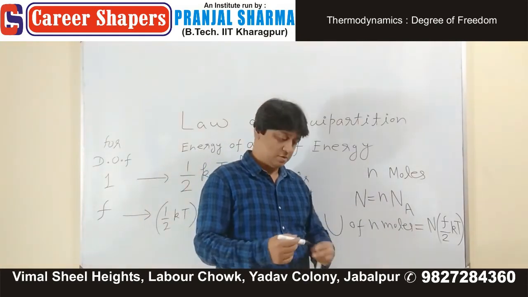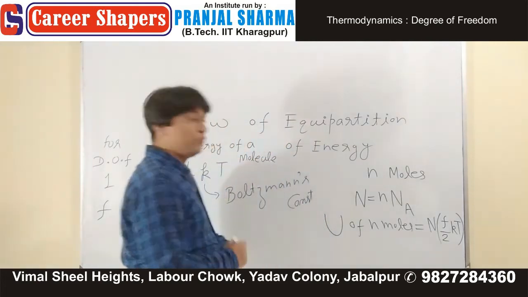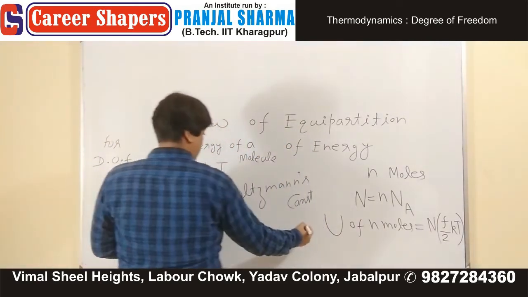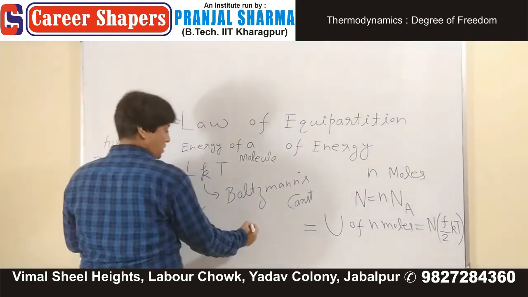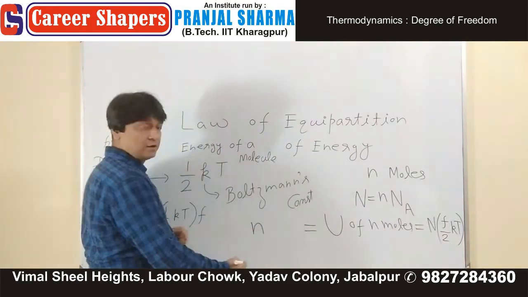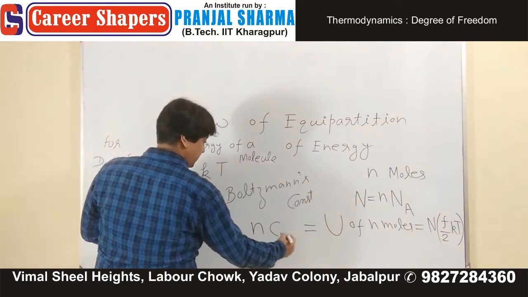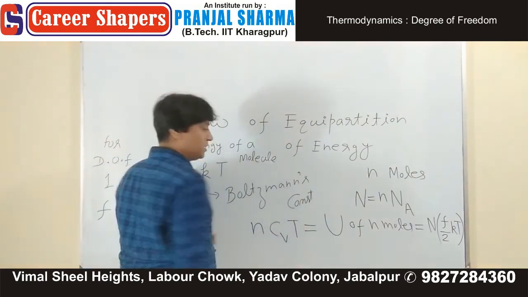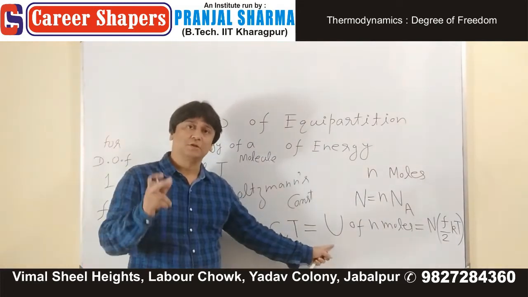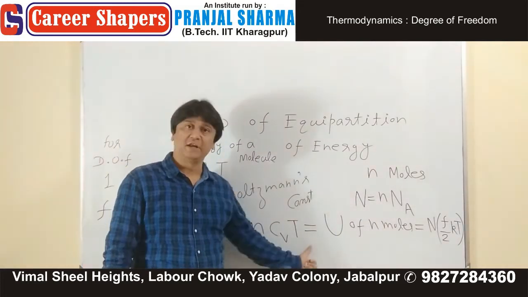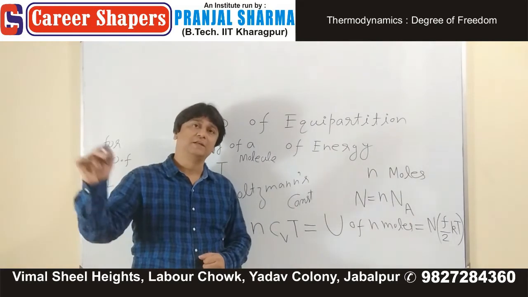But we already know that energy of n moles is called what? nCvT. Energy of n moles, that was nCvT. dU was nCvdT.